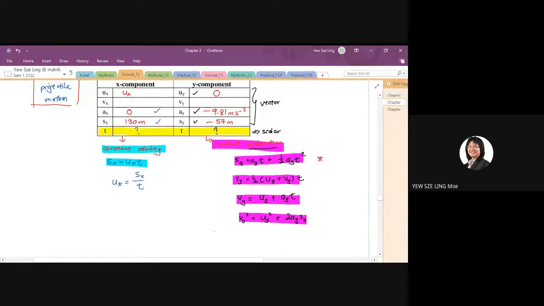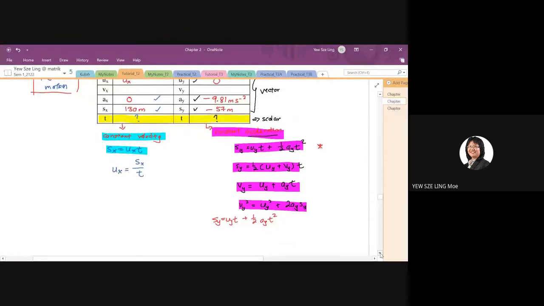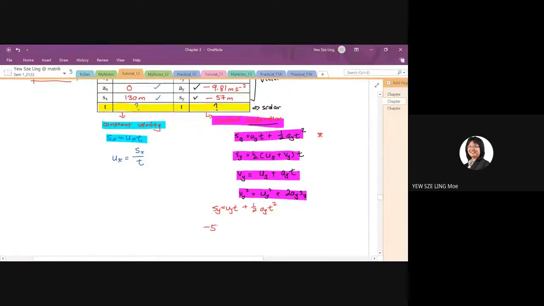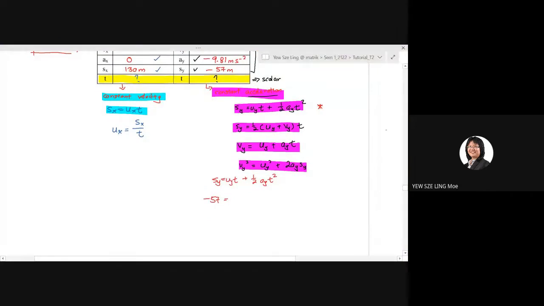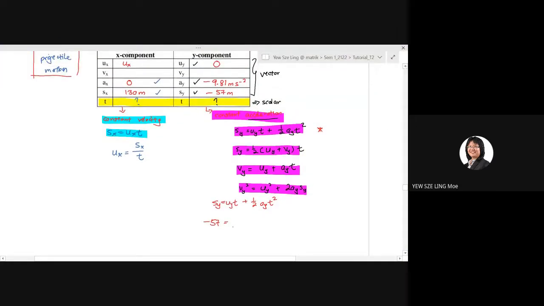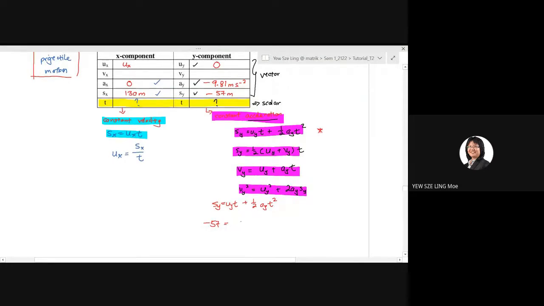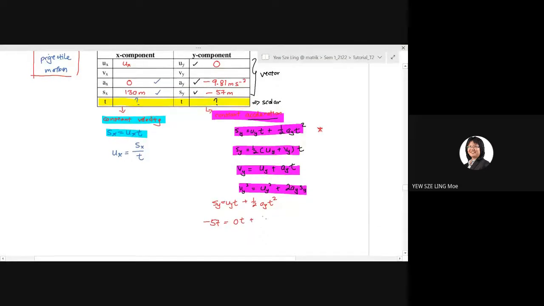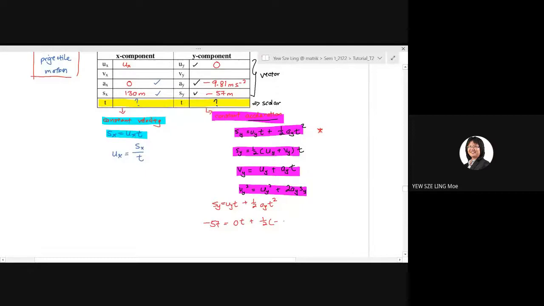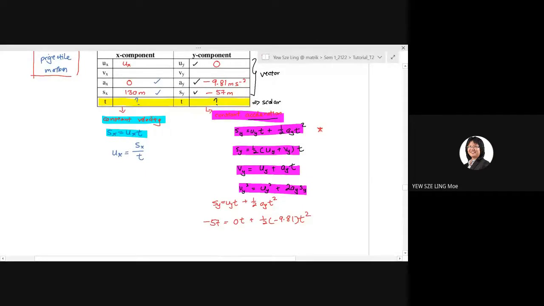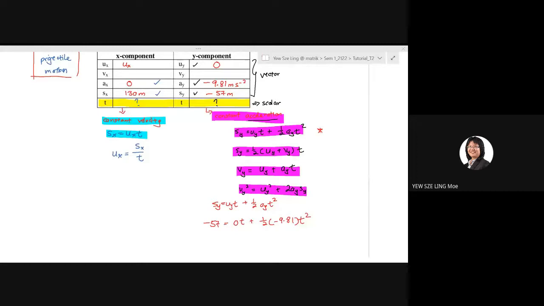By using sy equals to uyt plus 1 over 2 ayt squared, sy is negative 57 equals to u is 0, so 0 t plus 1 over 2 times negative 9.81 t squared. So the time taken, t, is equal to 3.41 second.